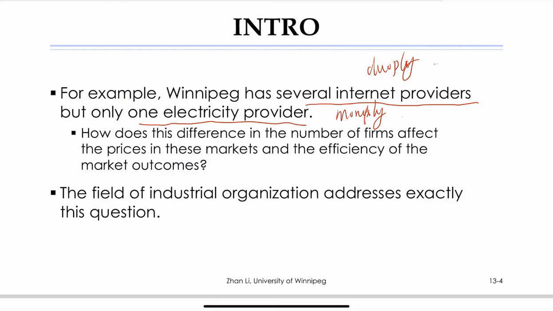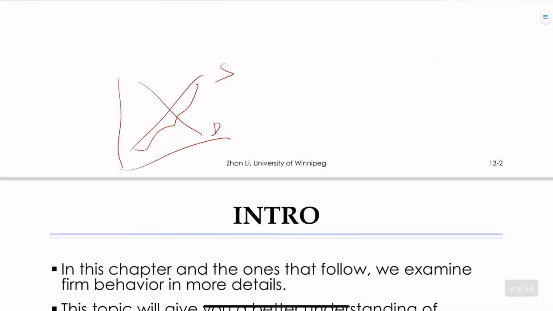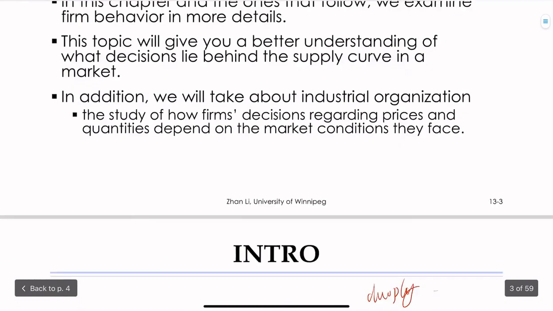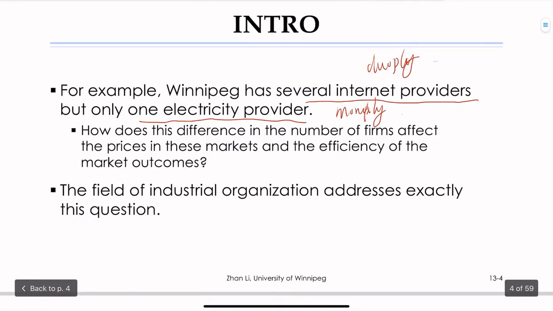If you have different numbers of firms in the market, then you will have different types of market, and in these different types of markets, firms' pricing and production behavior will be different.